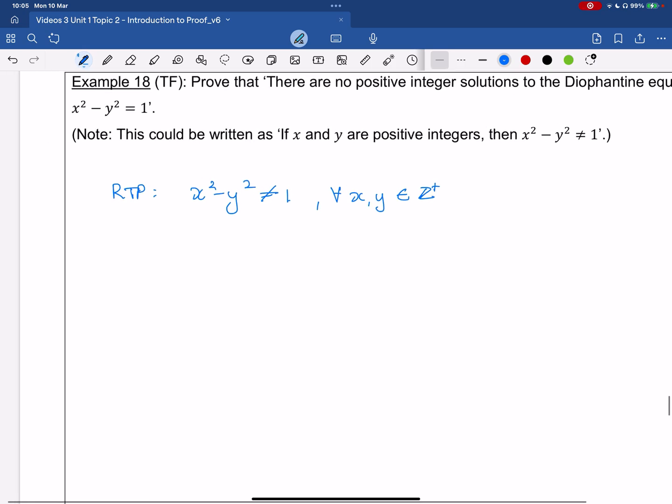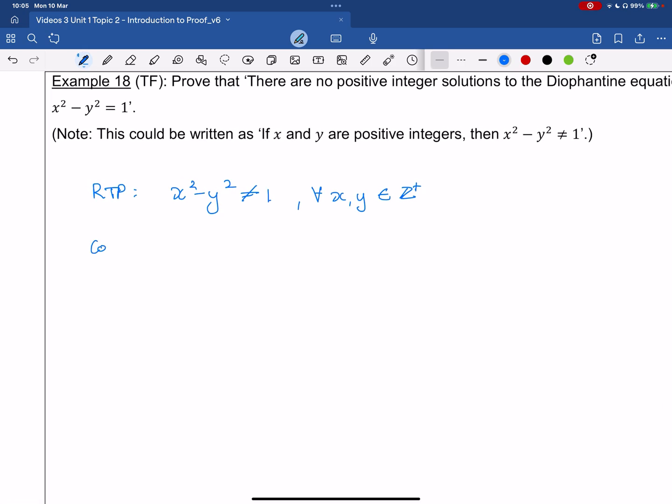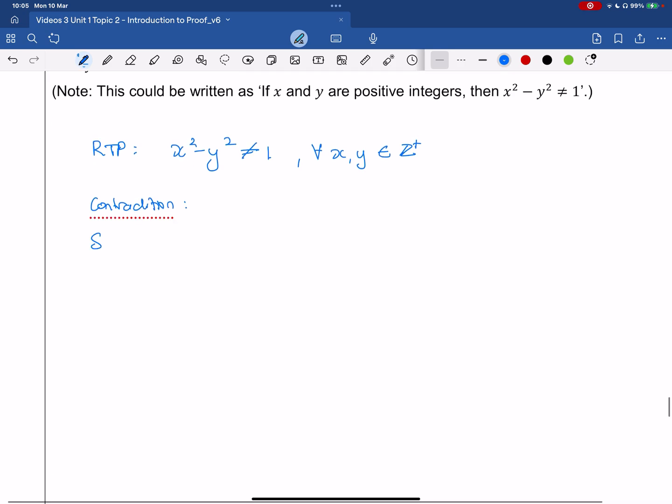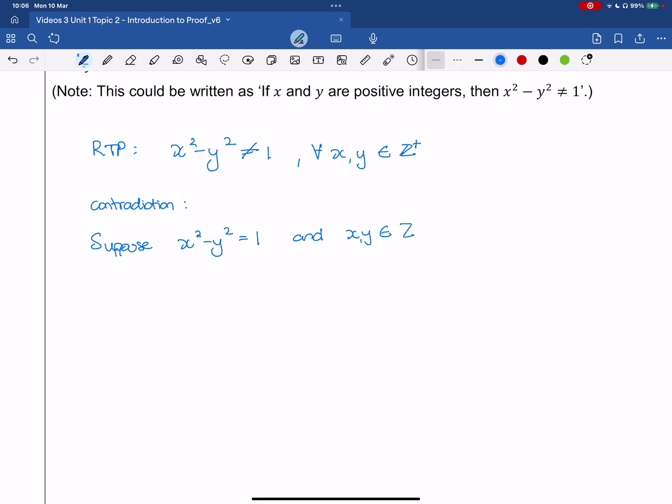All right, so our contradiction says, suppose that x squared minus y squared is equal to 1 and x and y are positive integers.